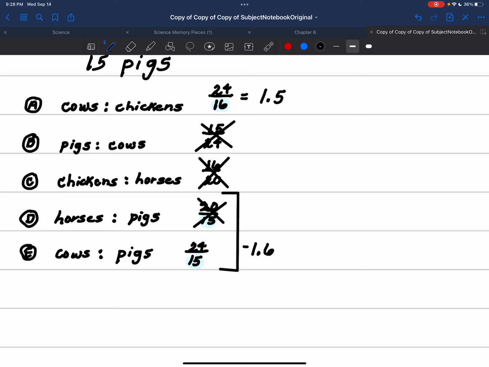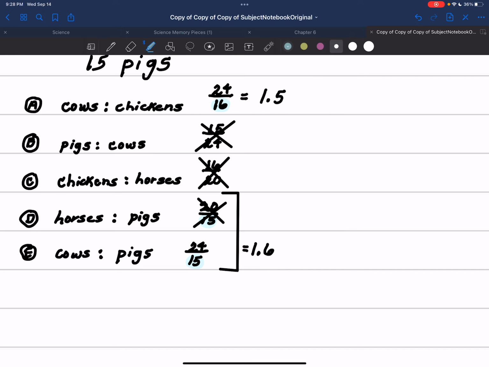And you may be thinking, but you told me that a ratio has to have a top and a bottom. And that's true. They do. This one does have a top and a bottom, and so does this one. Those are the ratios. I'm just using the decimal equivalent of that ratio to compare to see which is larger.